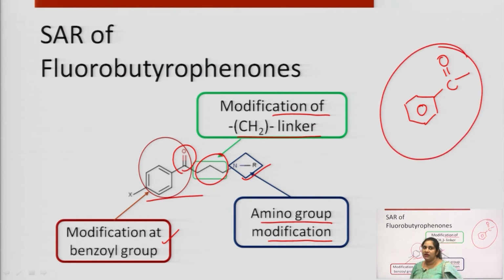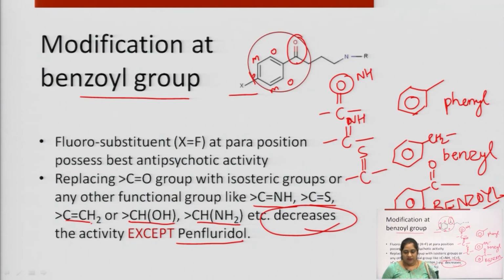So, there is modification at the benzoyl group, modification at the CH2 linker group, and modification at the amino group. So, we have 3 different targets to study the structure activity relationship of fluorobutyrophenones. First, the modification at benzoyl group.